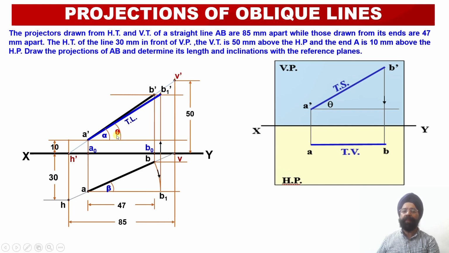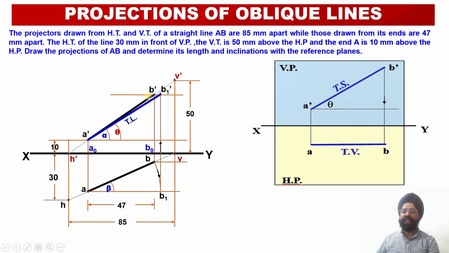This angle will be marked as angle theta. Once we mark angle theta over here, we can observe that angle alpha, the apparent angle of inclination, is greater than the true angle of inclination theta, and the true length is bigger than the apparent length of the line.